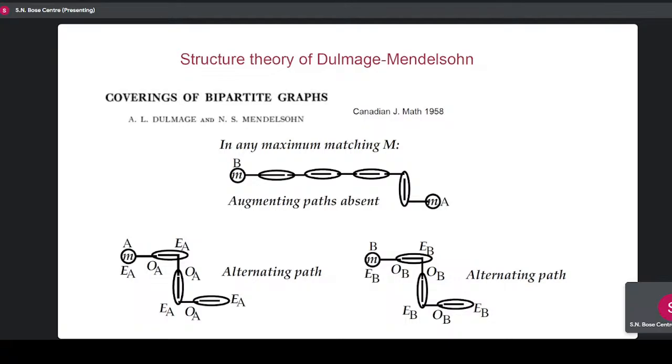Then you build this sort of forest. You start with a monomer, go along any of the unmatched edges from that monomer, then follow it up with a matched edge, then an unmatched edge, matched edge, unmatched edge, like that. So that's an alternating path.